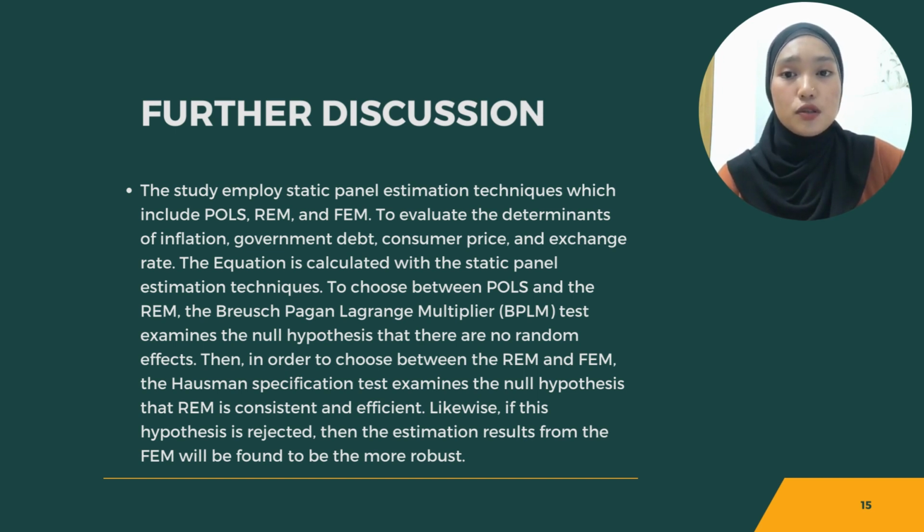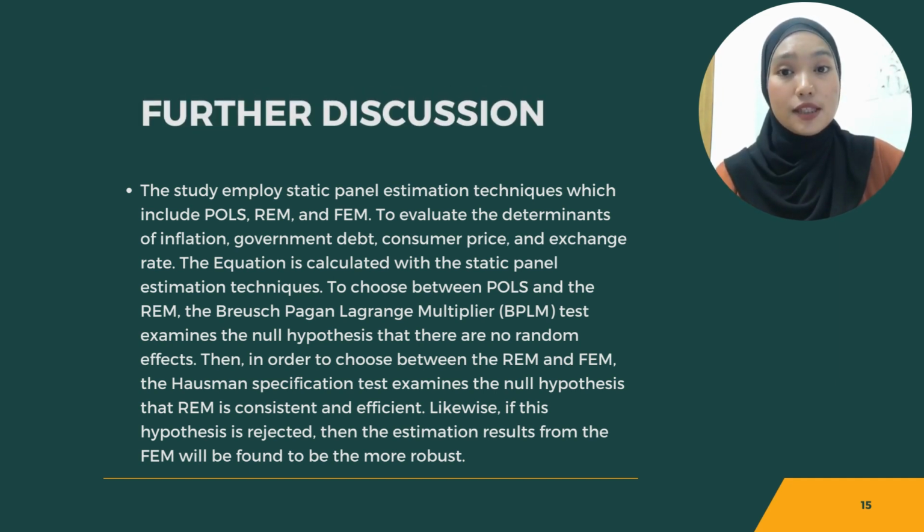Then, in order to choose between the REM and FEM, the Hausman specification test examines the null hypothesis that REM is consistent and efficient. Likewise, if this hypothesis is rejected, then the estimation results from the FEM will be found to be more robust.